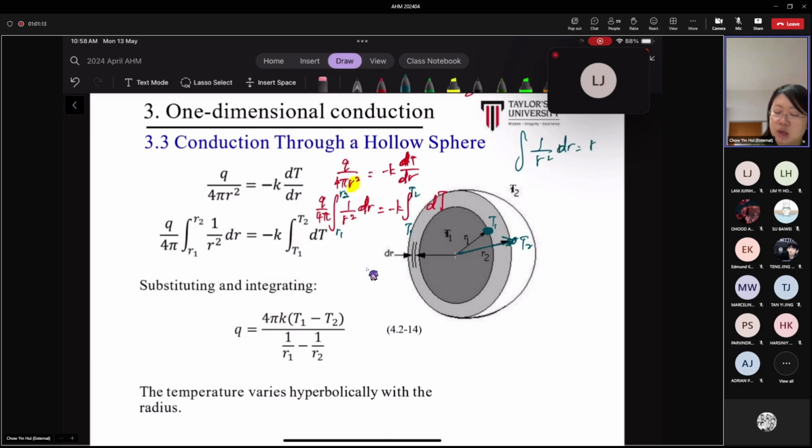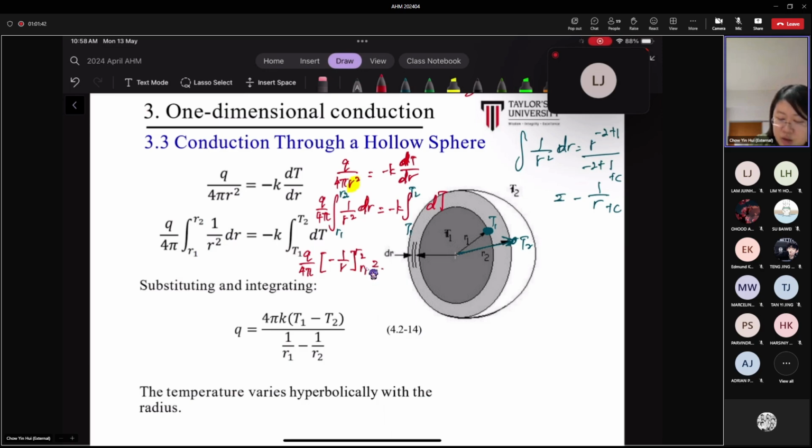Now, integrating 1 over r squared with respect to r equals r to the power of negative 2 plus 1 divided by negative 2 plus 1. That's why you get negative 1 over r, plus c, of course. Coming back here, let's complete the integration. You have negative 1 over r, and then you denote the boundary.